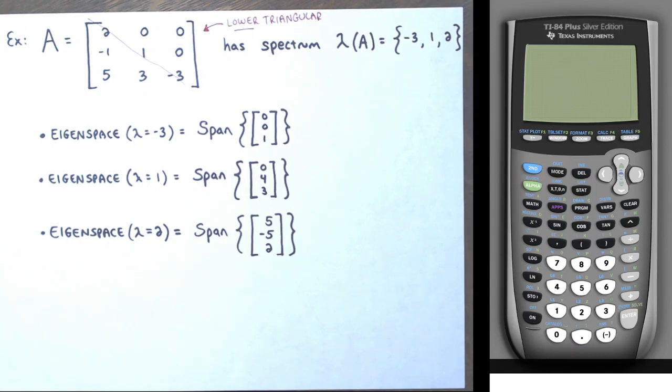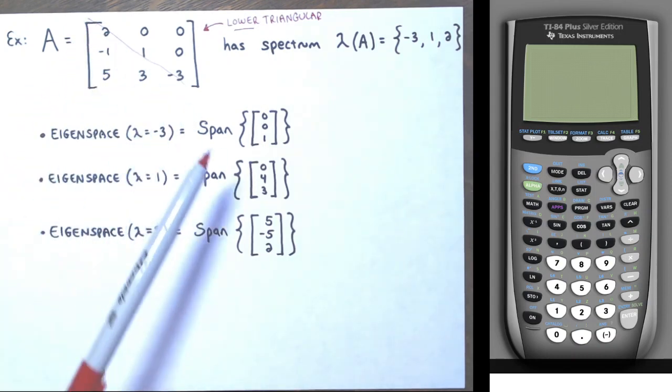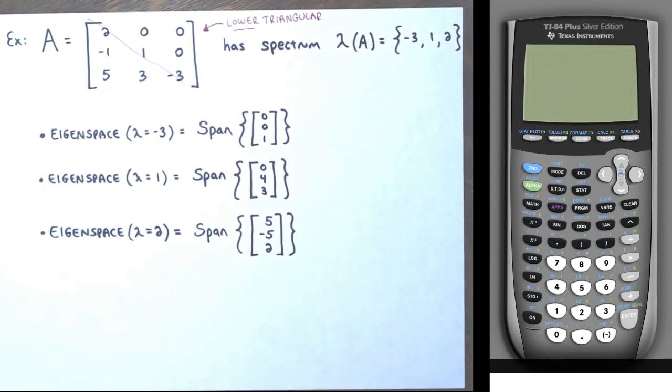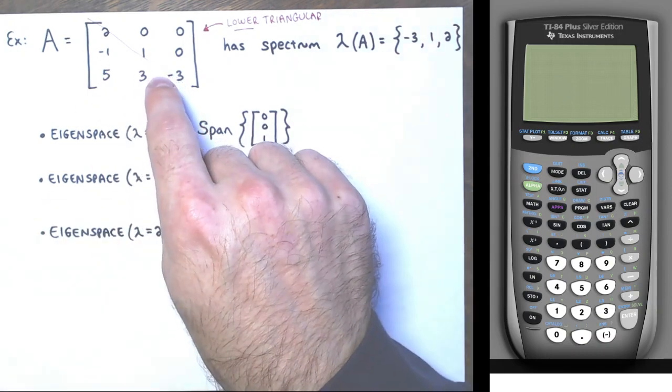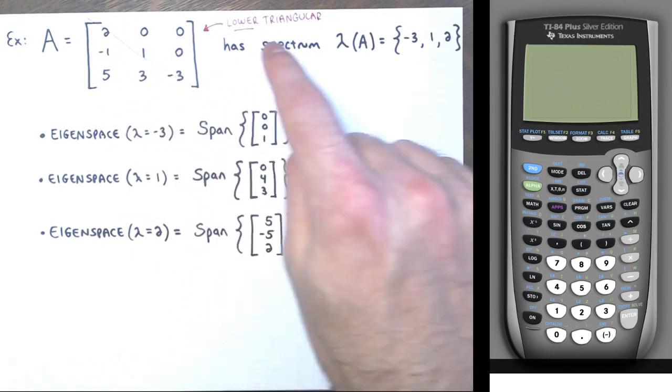If you remember that the determinant of a triangular matrix is just the product of the diagonal entries, so the determinant of this matrix would be -6, you'll see very quickly when you set up the characteristic equation that the three diagonal entries, 2, 1, and -3, have to be the eigenvalues. So statement 4 I've already applied. If it's a triangular matrix like this is, the eigenvalues are the diagonal entries. Simple as that.